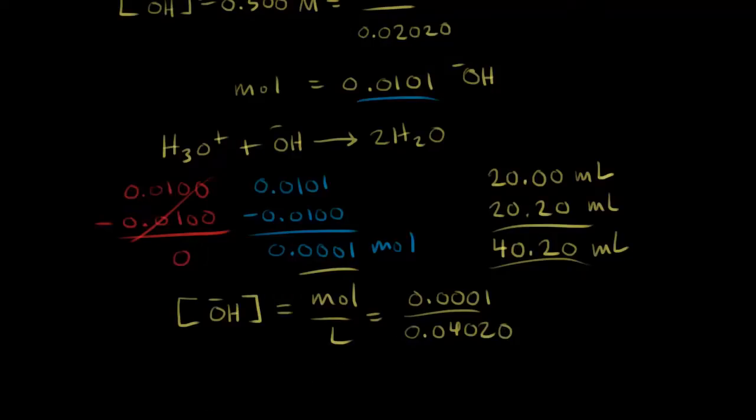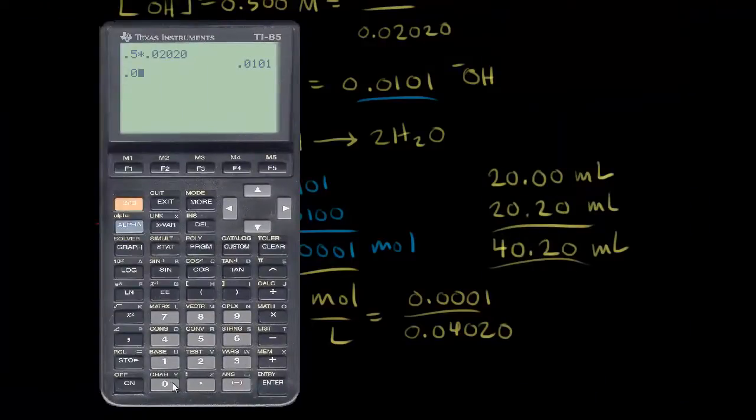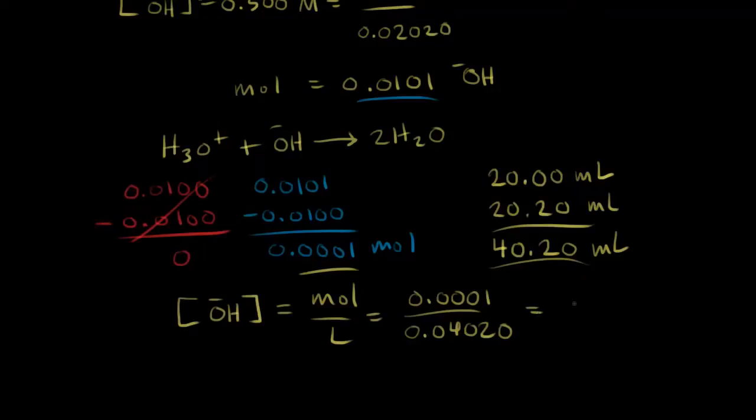Right, so we can go ahead and do that calculation. So we have 0.0001 divided by 0.04020, and we get 0.002. So our concentration of hydroxide ions is equal to 0.002 molar.